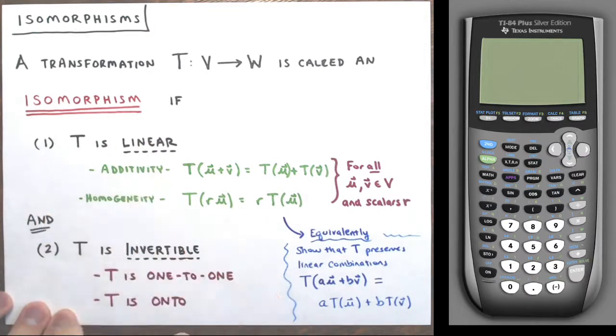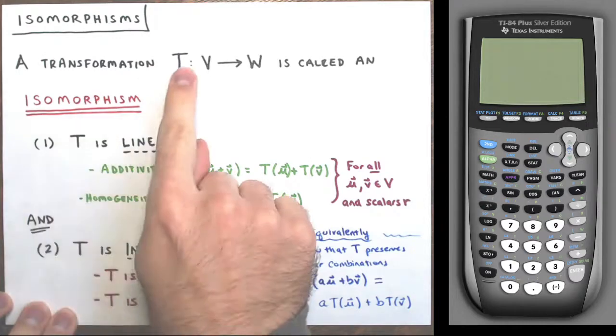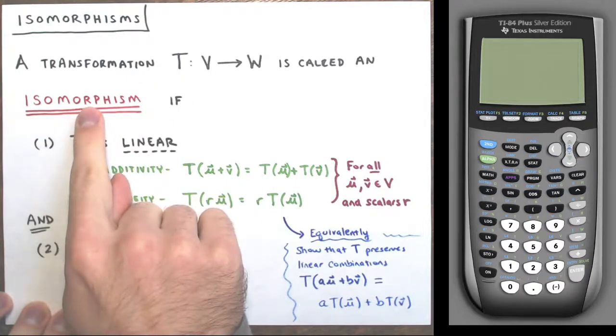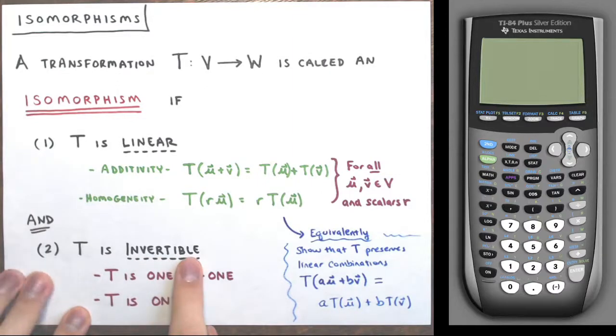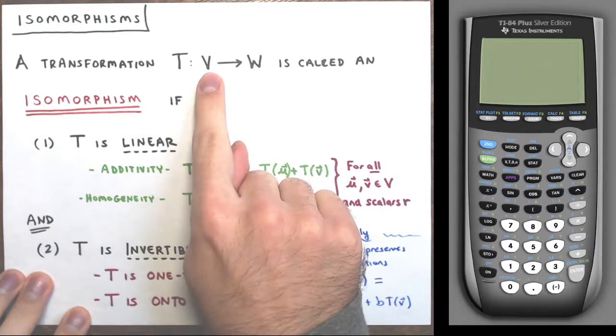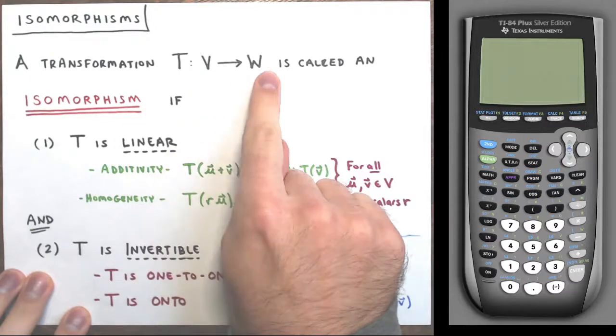Great. And in order for a transformation to be an isomorphism, T has to be an invertible transformation. If you recall inverses from pre-calculus or algebra, the inverse is simply reversing the mapping.